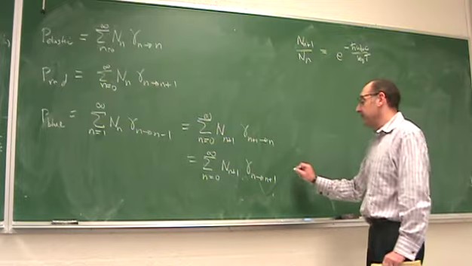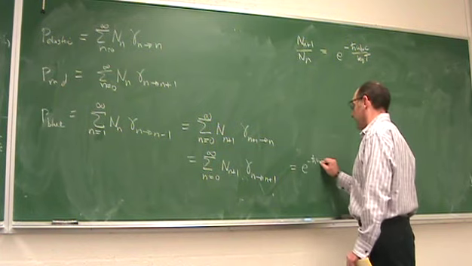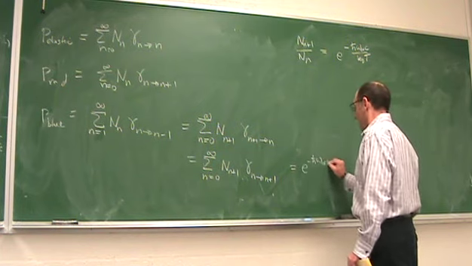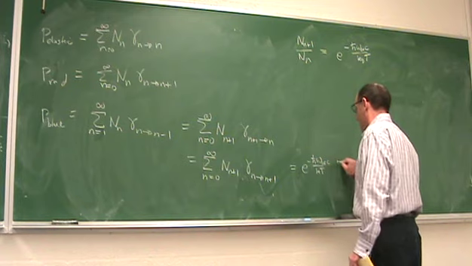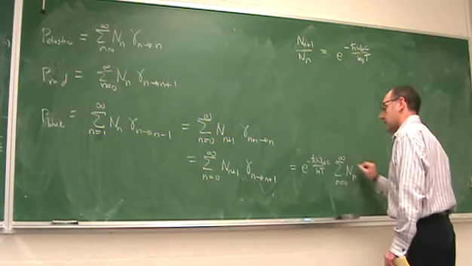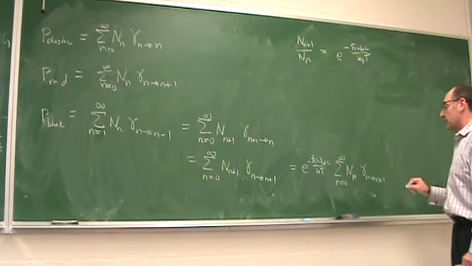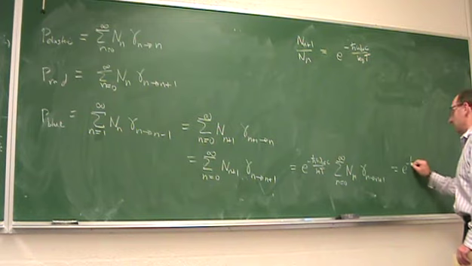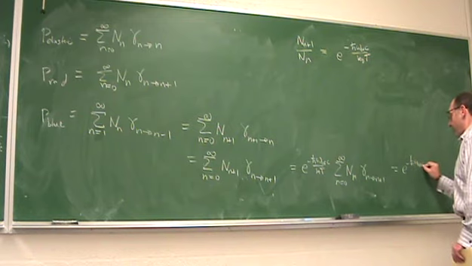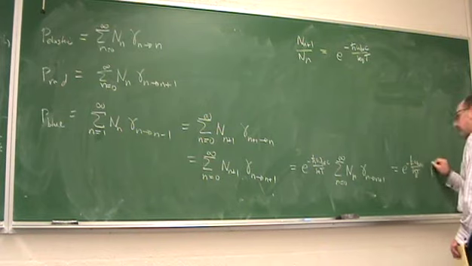So from this, we see this is equal to e to the minus, which is, times the power in the red side.